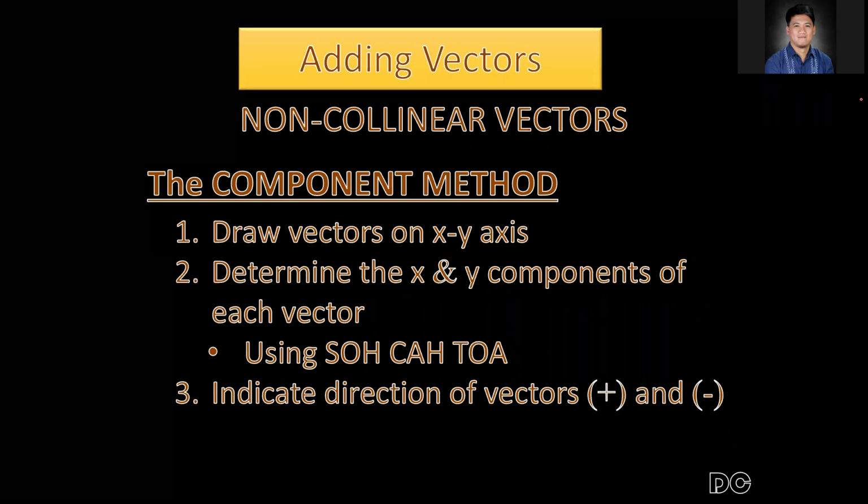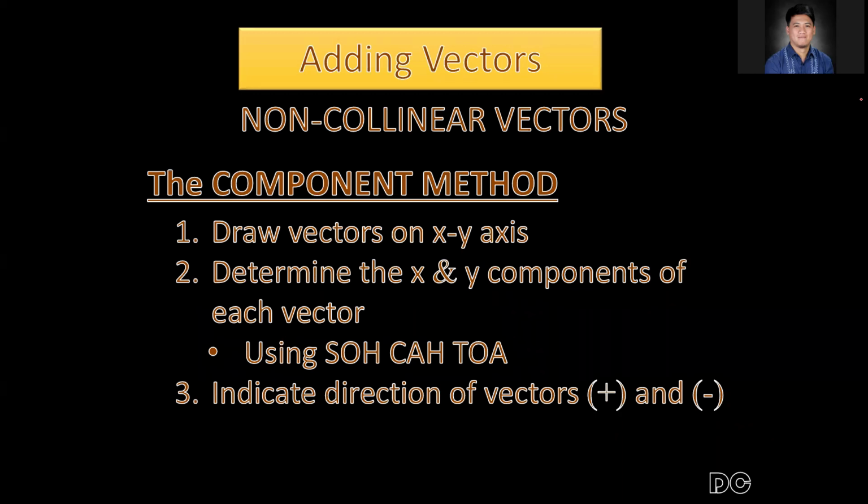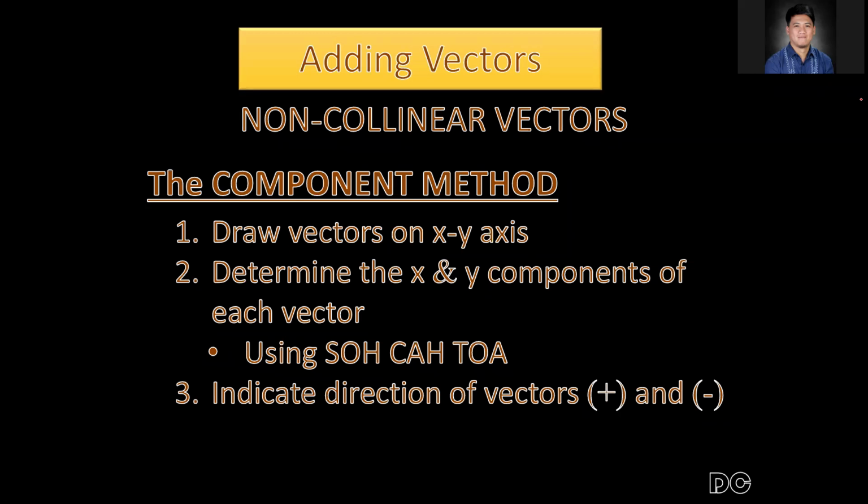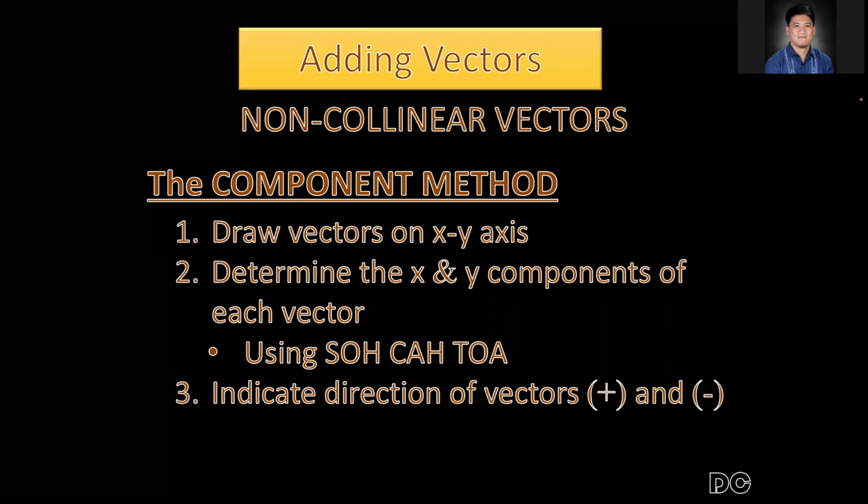Positive x is from the origin to the right. From the origin to the left is negative x. So positive x if it is on the first and fourth quadrant, negative x if it is on the second and third quadrant.